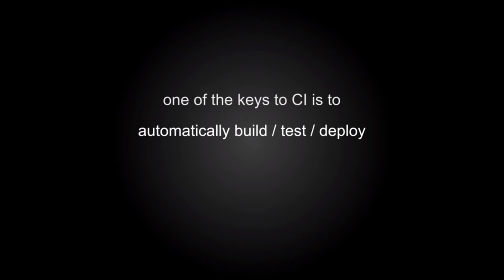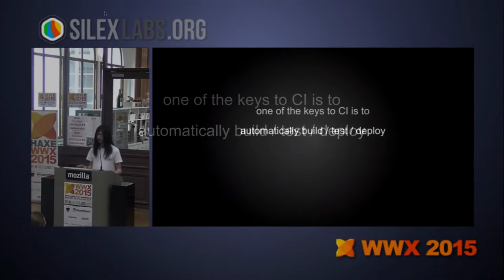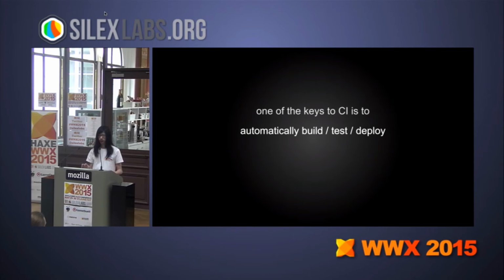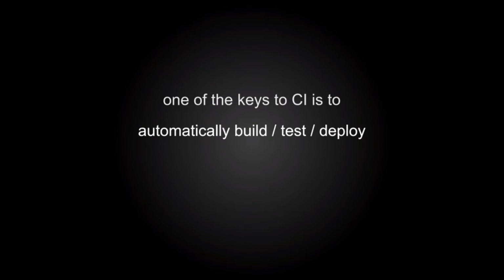That is, to use a build server to automatically trigger a build and unit testing of your code for every commit onto the master branch, such that if anything is broken, we will be notified by the build server.